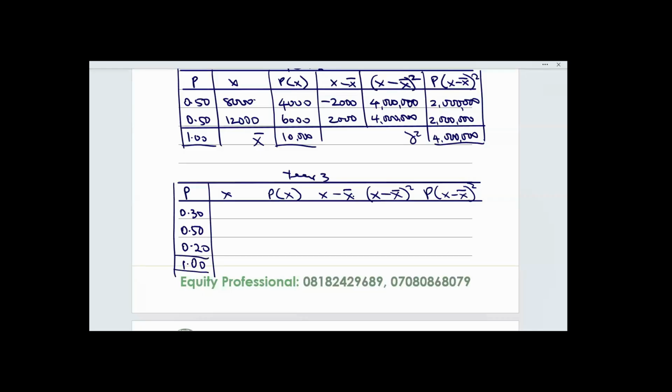Okay, let me repeat this. Cash flows: 7,000, 11,000, 17,000. Let me complete my table.